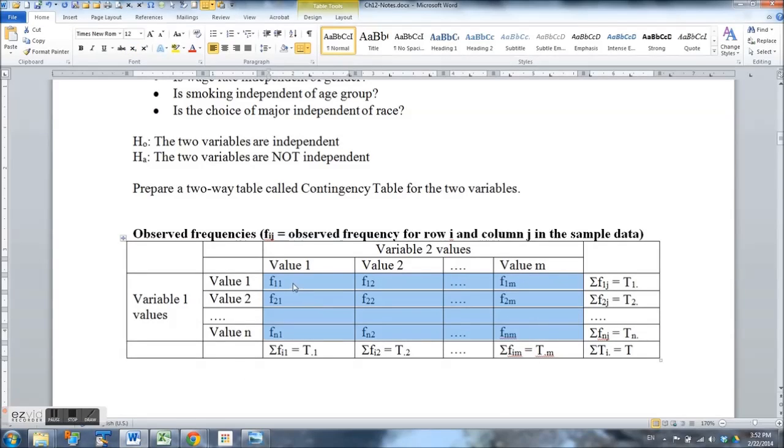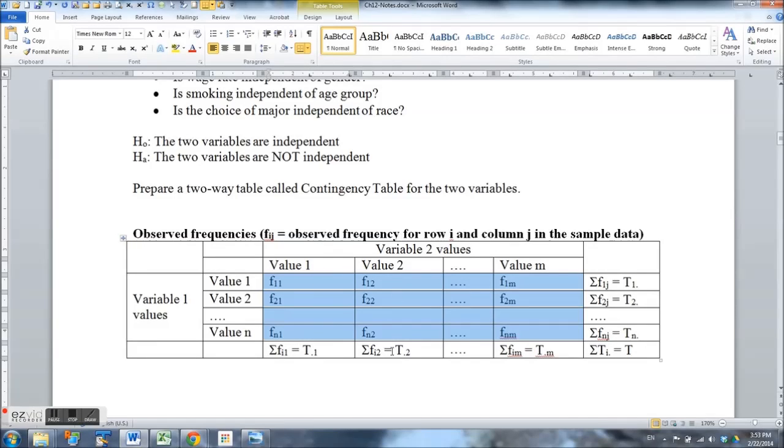Now if you sum the frequencies of each row, that is, the different values of variable 1, we get the totals. Here we will use the notation T followed by two subscripts. The first subscript is row, the second subscript is column. So the row subscript is 1 and the column subscript is dot. That means this is the sum of row 1. This is the sum of row 2, where T stands for total: the row total for the first row, the row total for the second row, and so on.